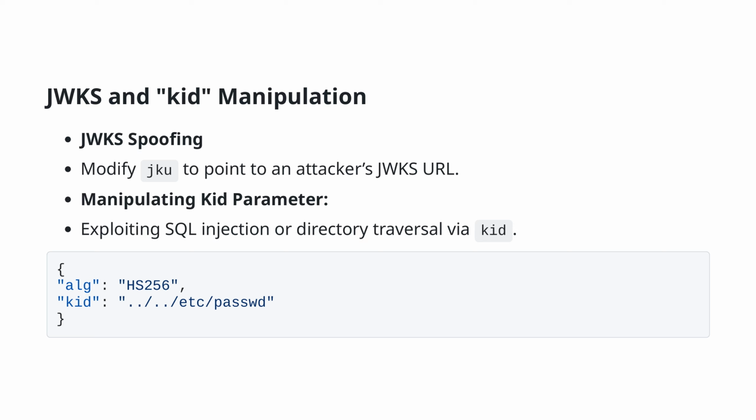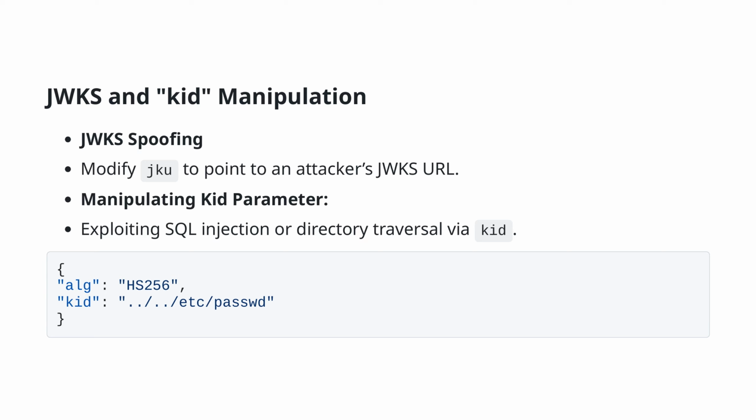Additionally, the KID parameter can be exploited if not properly sanitized. An attacker could introduce a path traversal payload, such as ../../etc/passwd, to execute unexpected queries or access restricted locations within the system. These vulnerabilities highlight the importance of robust validation mechanisms for the JKU and KID parameters to prevent unauthorized token manipulation.